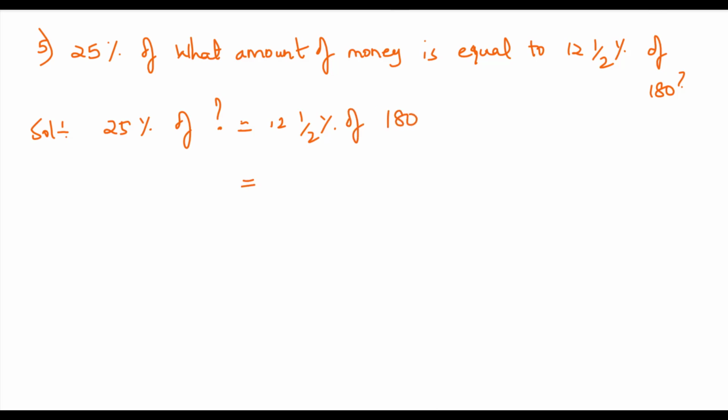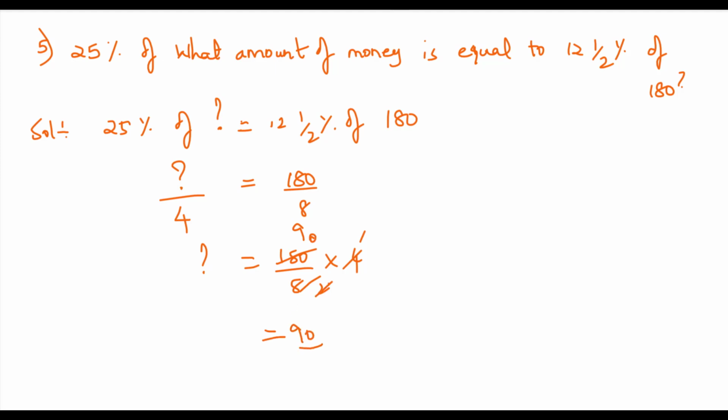So what is 12.5% of 180? You have to divide 180 by 8. Then 25% of the unknown should be divided by 4. Therefore the unknown will be 180 by 8 into 4. 4 ones are 4, 4 twos are 8, so 180 by 2 is 90. Therefore the answer is 90.